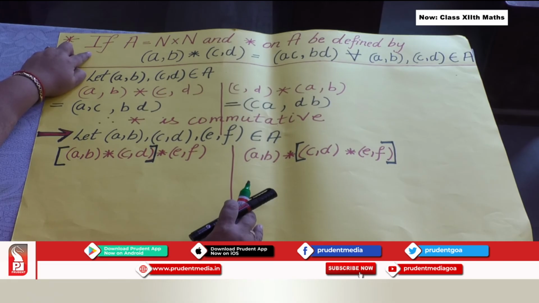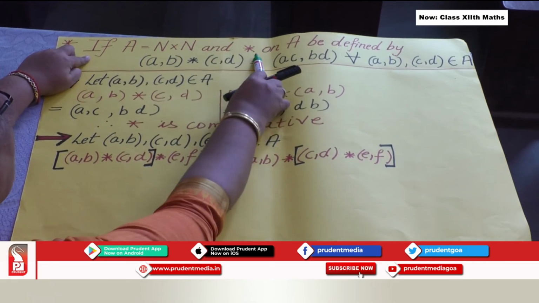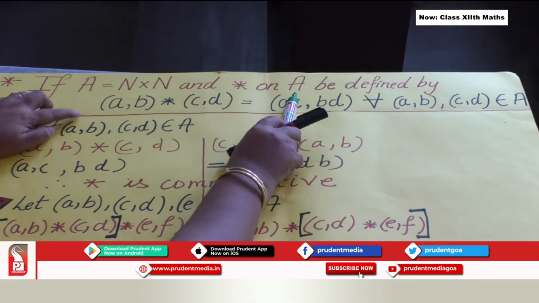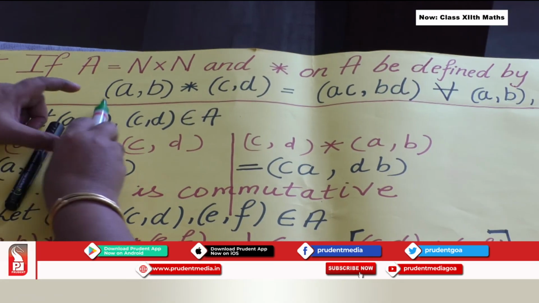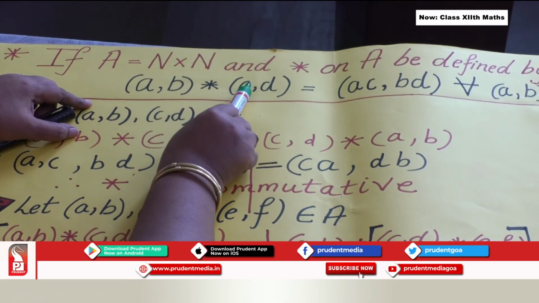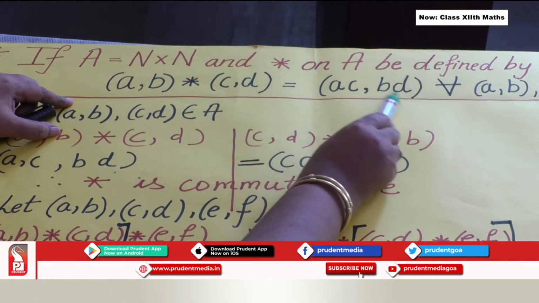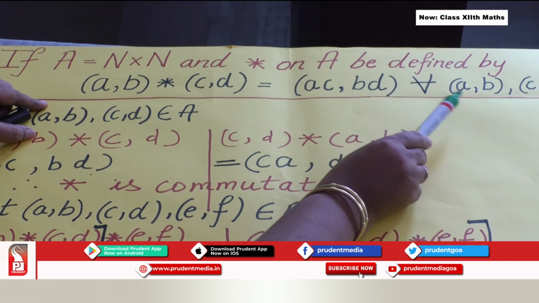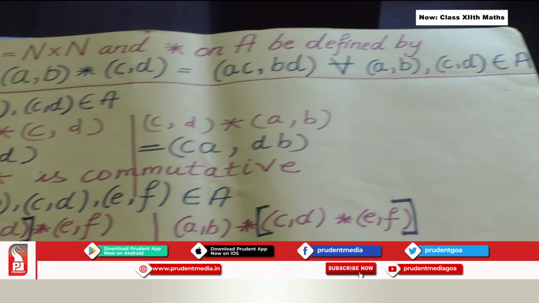If A equals N cross N, the set of natural numbers, and star is defined on set A as (A, B) star (C, D) equals (A into C, B into D) for all (A, B) and (C, D) belonging to A. So we have to find whether it is commutative.